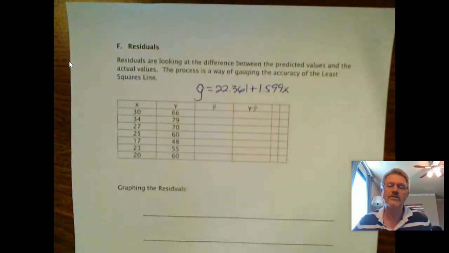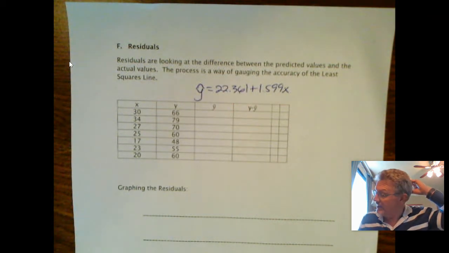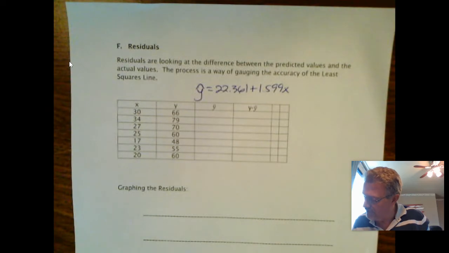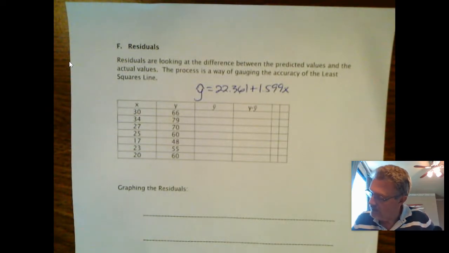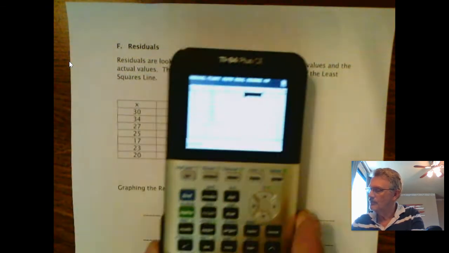Linear regression gave us a line of best fit from this data. I didn't change the data on you. This should still be in your calculator. So stat edit, and there's my data.